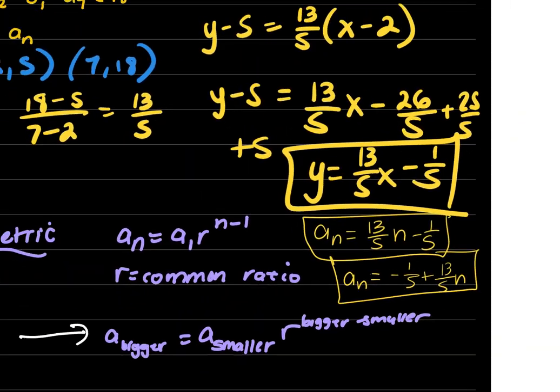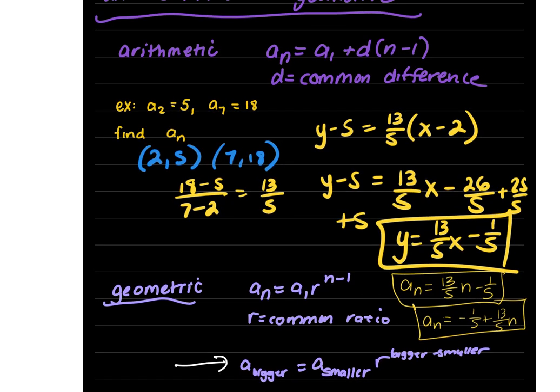Can you zoom out? Yeah. Why are you dividing by 5? I did change in y over change in x. You're finding slope. So y2 minus y1. But when you move the y, I added 5. This one, I added 5, but then you put 13 over 5, and that's the slope.